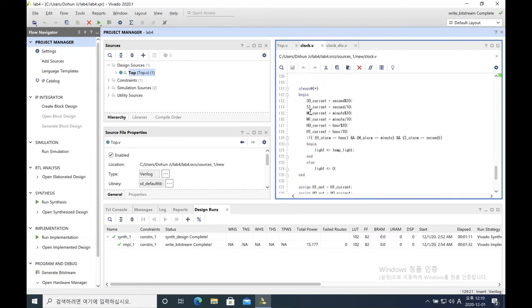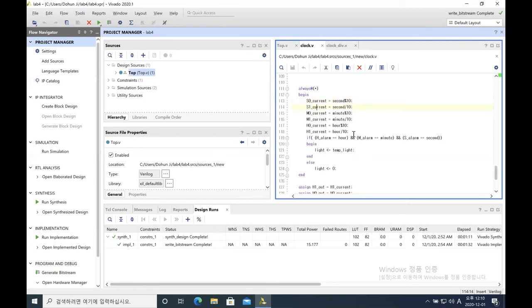And we converted our current hour, current minute, current second into single digit numbers. So the first digit of second is the remainder of second by 10.